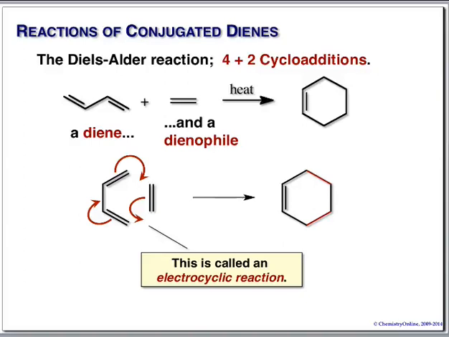You look across the ring, across our 6-membered ring. These were the 2 carbons of our dienophile. These 4 carbons came from the diene, these 2 from the dienophile. All right.